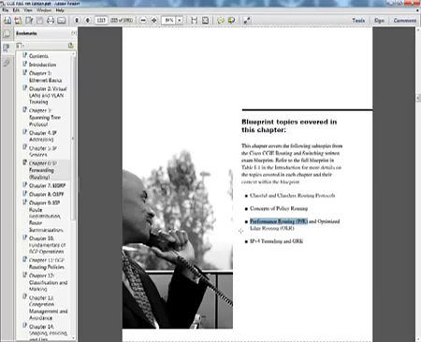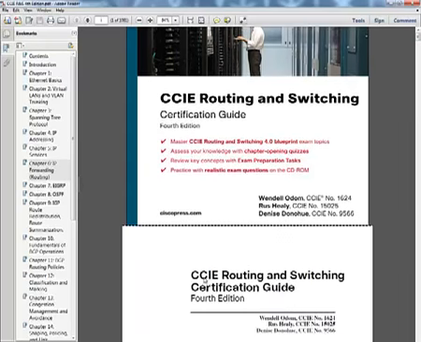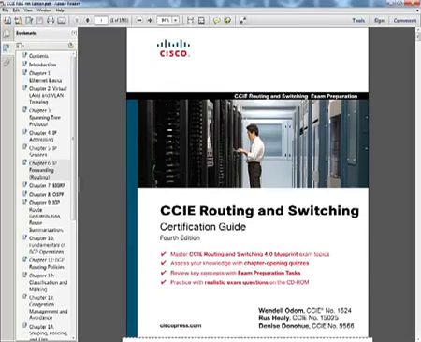So this is the book for your written exam. I'm going to come back up to the top here. It is the CCIE Routing and Switching Exam Certification Guide, 4th edition. It's a great tool. It's got the 4.0 blueprint, which is the latest one out there, and it's written by three very well-known CCIEs.